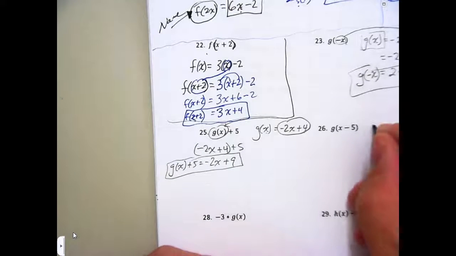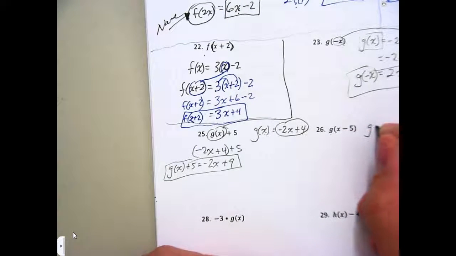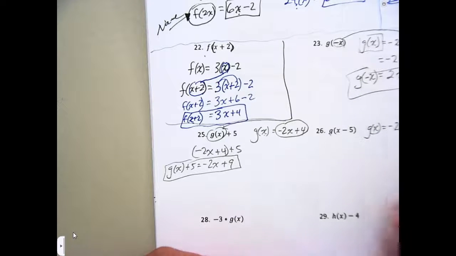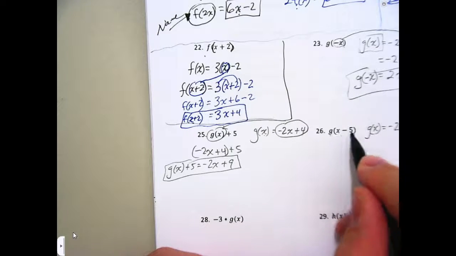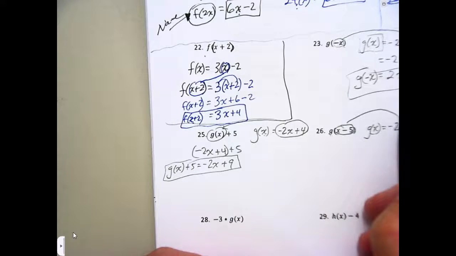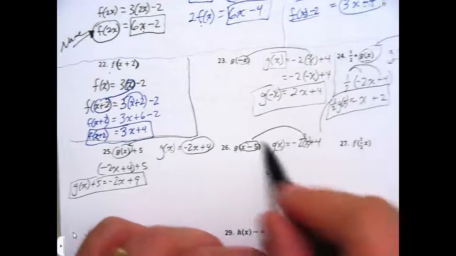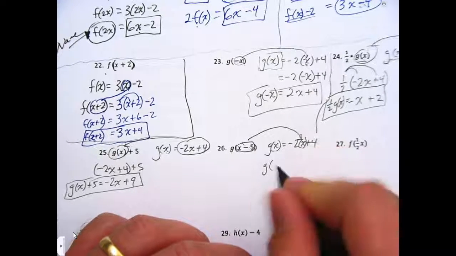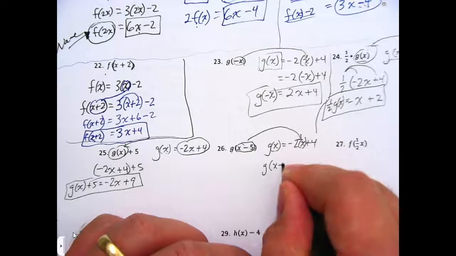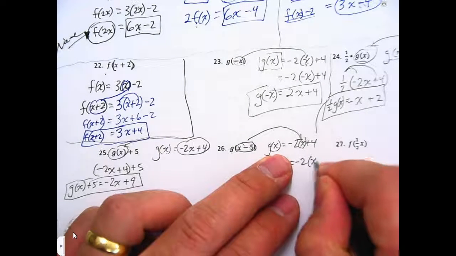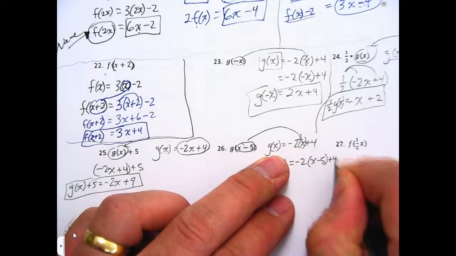Okay, moving on. So we're still dealing with g. So g of x is equal to negative 2x plus 4. Notice this time this says x, this says x minus 5. So parentheses replace parentheses. This piece goes in for that. So g of x minus 5 is going to be equal to negative 2 times x minus 5, all plus 4.